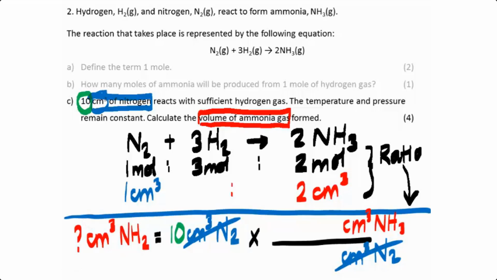Then we look at our ratio and we know that 2 centimeter cubed of ammonia will form from every 1 centimeter cubed of nitrogen. 10 times 2 is 20 centimeter cubed of ammonia.